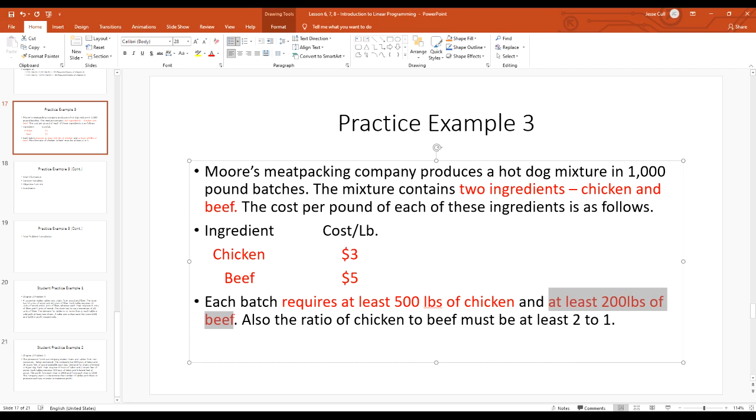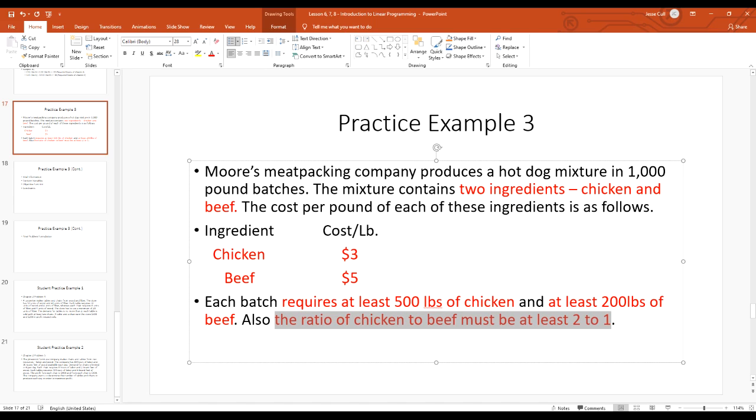Finally, we have a third limitation. The ratio of chicken to beef must be at least 2 to 1. So here again, we see a limitation, something guiding us, forcing us to make choices based on what we anticipate as being necessary.